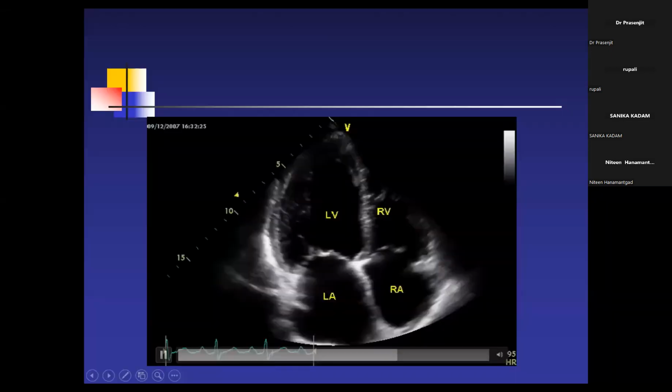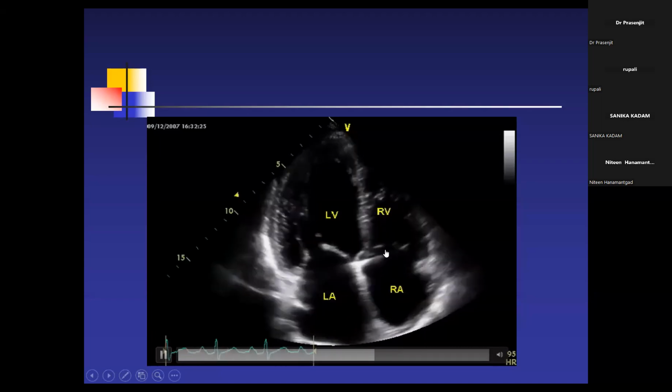Between the tricuspid and mitral valve there is hardly about 5 to 10 millimeters. That is, the attachment of the tricuspid valve is toward the apical side.